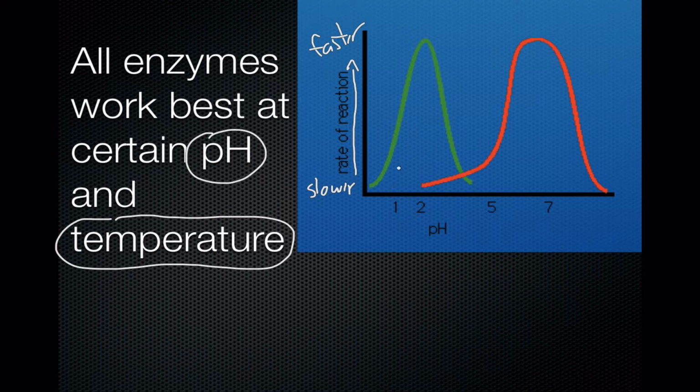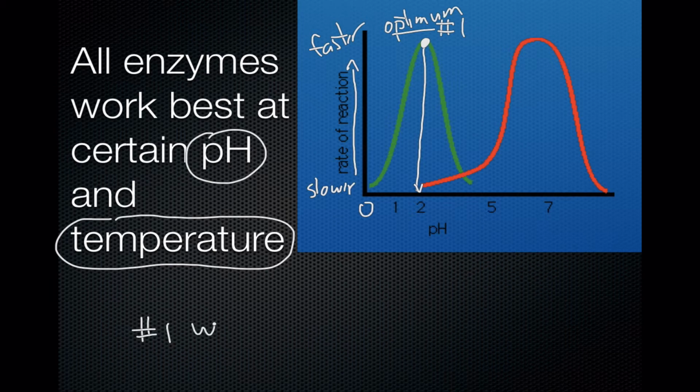Here we have the graph of some data for an enzyme. Let's say this is enzyme number 1. You'll notice this enzyme doesn't work very well at pH 0 or 1. But when we get to about a pH of 2, the enzyme is working very well. So this is its optimum.